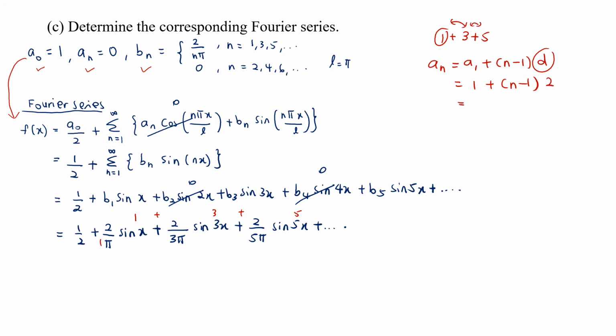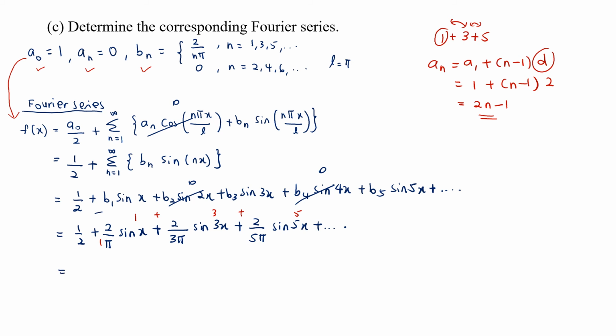So when we expand this, we get the nth term will be 2n minus 2 plus 1. So this progression can be written as 2n minus 1.